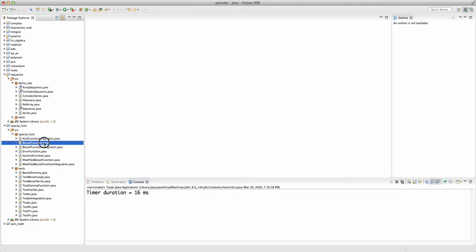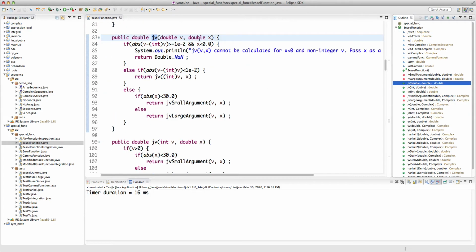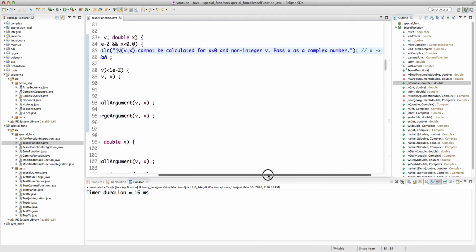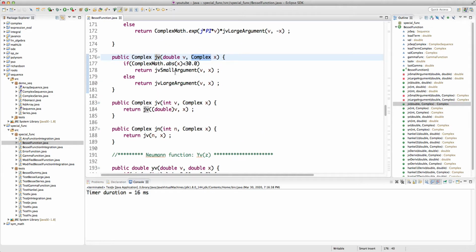for Bessel functions, when we are evaluating for double nu and double x, when nu is a non-integer and x is negative, the result is not even a real number, it becomes a complex number. So that's why we have this warning to pass x as a complex number, so that we can invoke the other nu that takes complex numbers, and this has no problem returning the complex value.